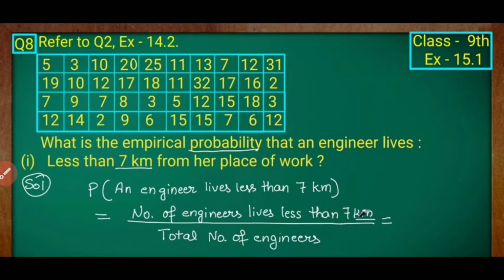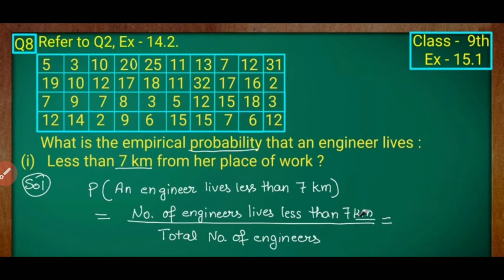Let's see example exercise sum number 8 now, referring to question 2 from exercise 14.2. Again you have to take the data reference from chapter 14. Here a few data have already been noted in the tabulation. We are finding the empirical probability that an engineer lives within certain distance.